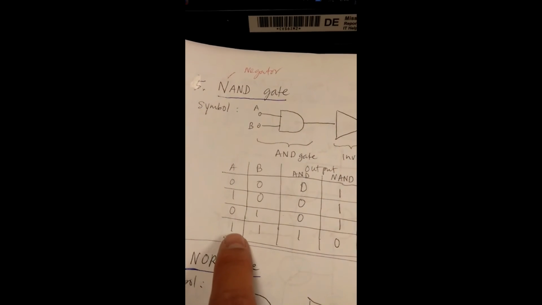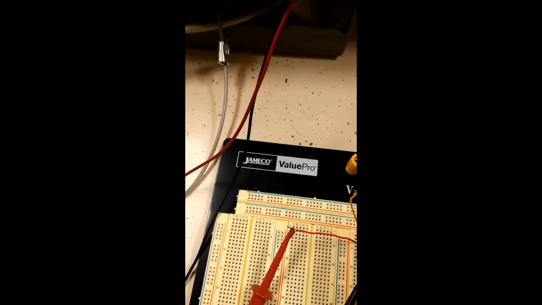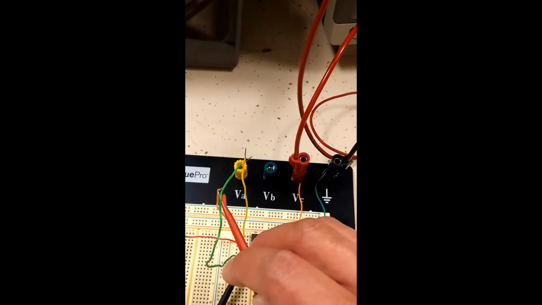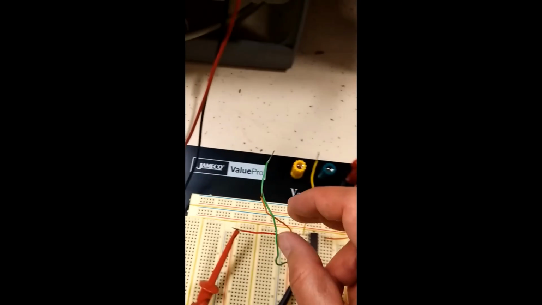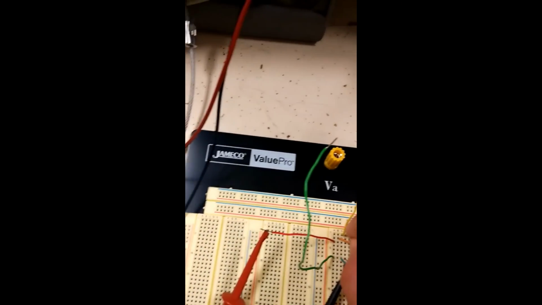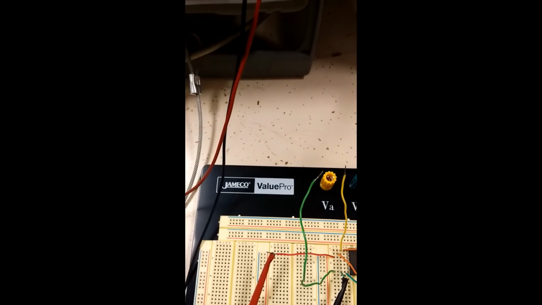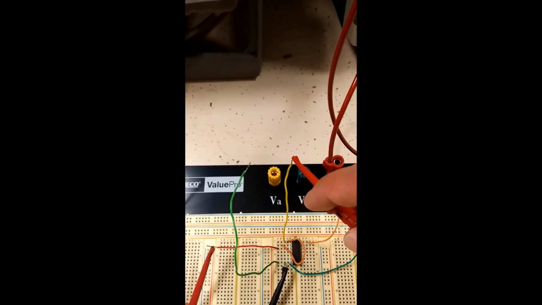Now we try input A, input B with 5 volts. That means we have to join these together. All right, we have to join these input A and B. Look at that. And then we have the inputs together.